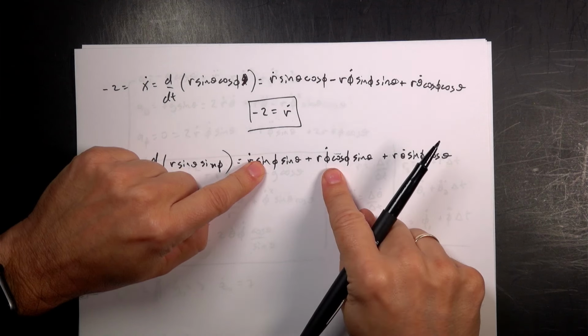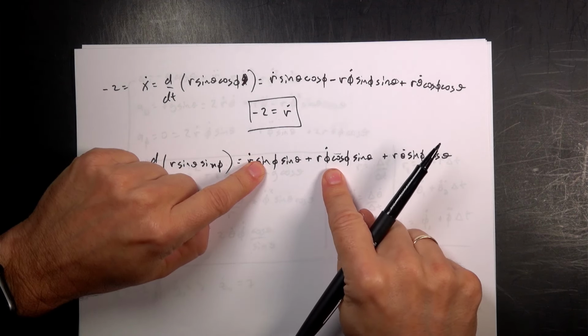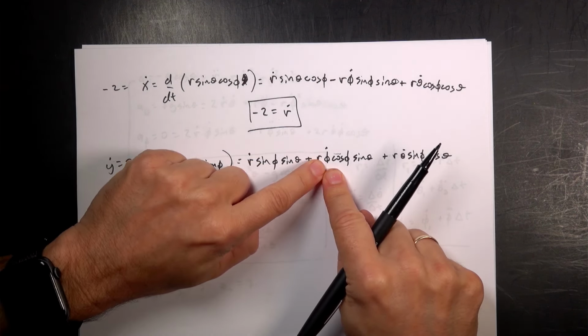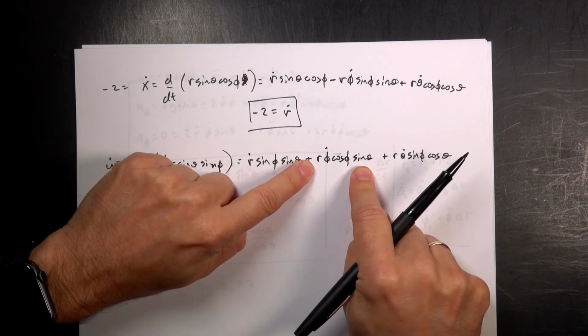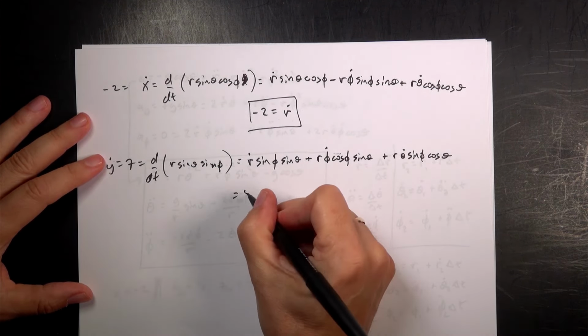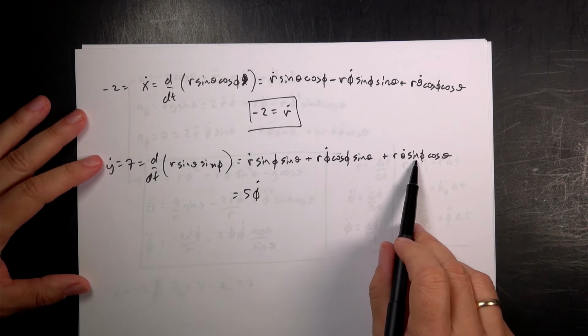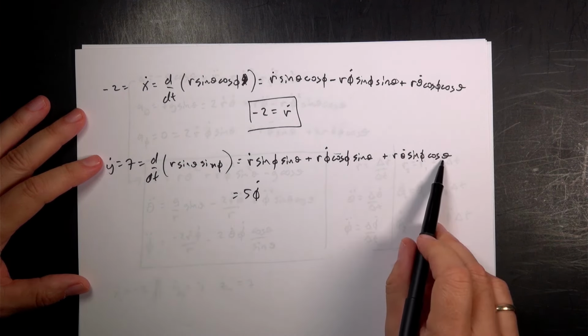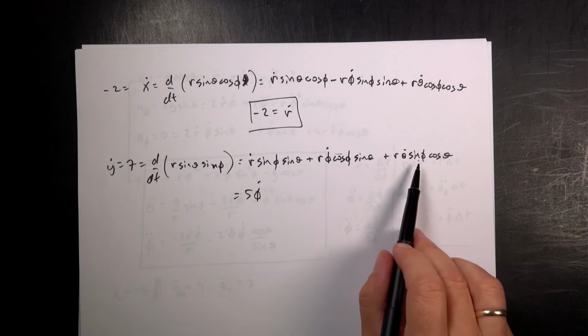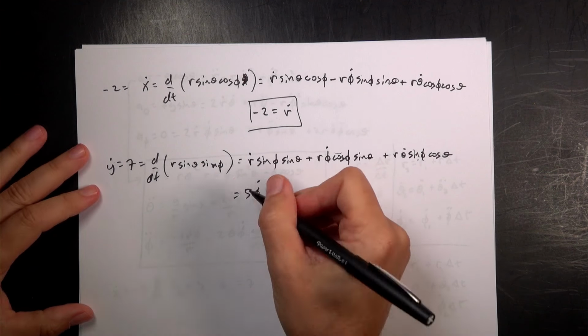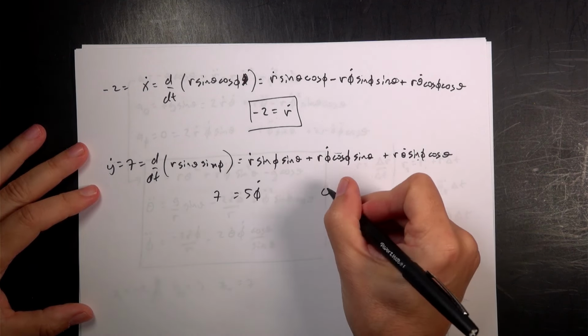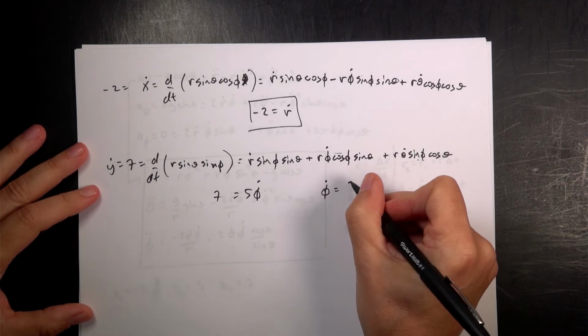This term is not 0. This is going to be r times phi dot times 1 times 1. So r is 5, so this is going to be equal to 5 phi dot. And then that term is 0 because cosine of theta is 1, but sine of 0 is 0. So that term's 0. So this is equal to 7. So phi dot is equal to 7/5.